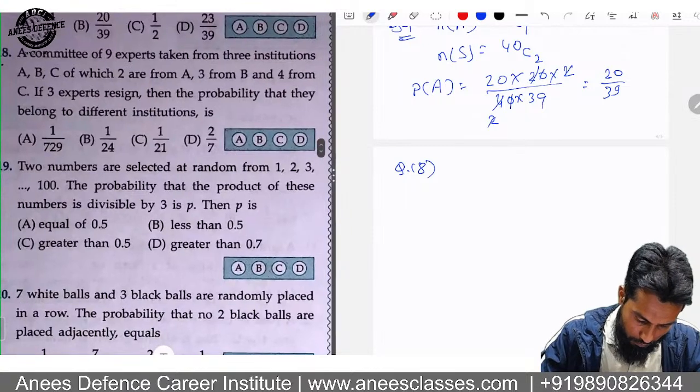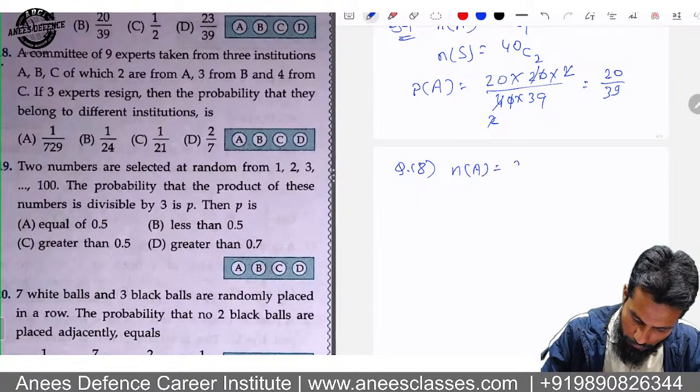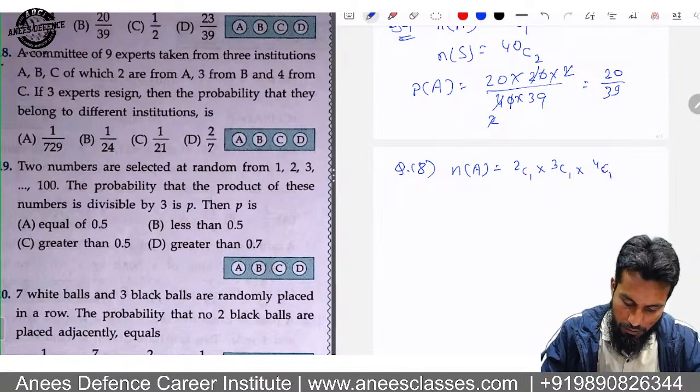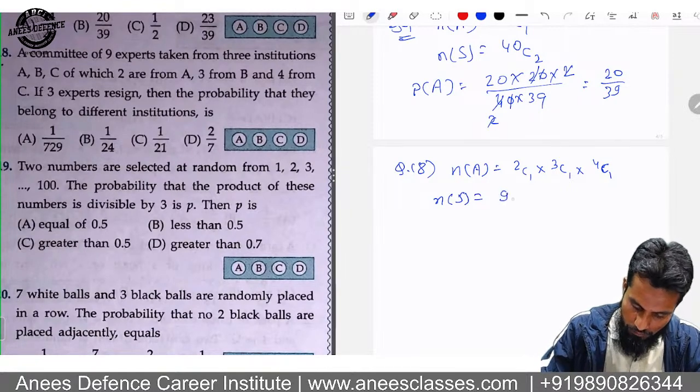So n of A is equal to 2C1 multiplied with 3C1 multiplied with 4C1, since all are from three different institutes, and the sample space is equal to 9C3. Just divide both of them, you'll get the answer.